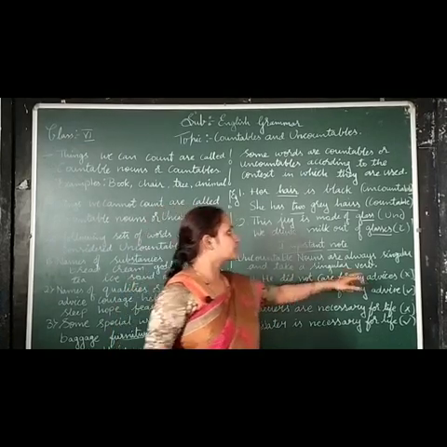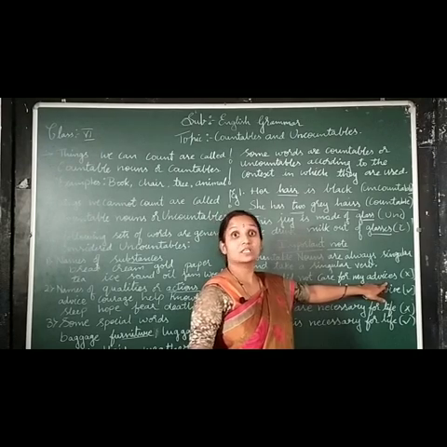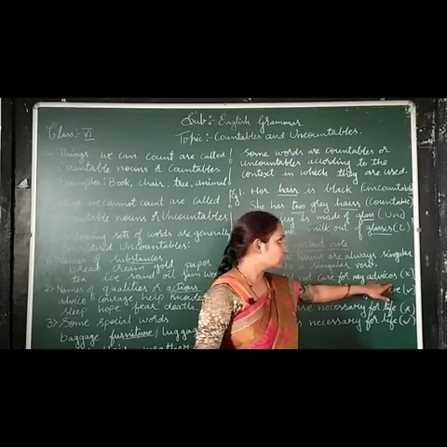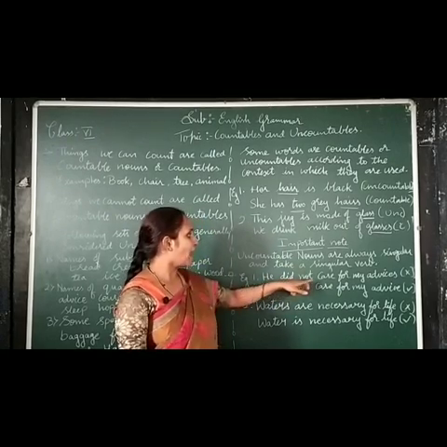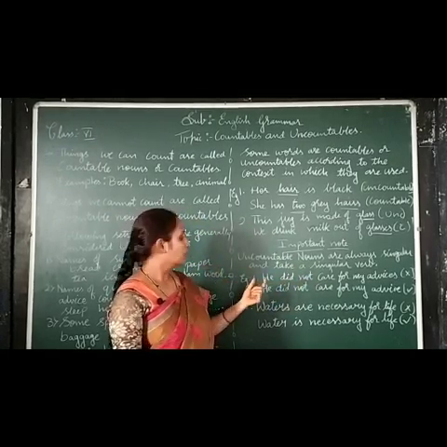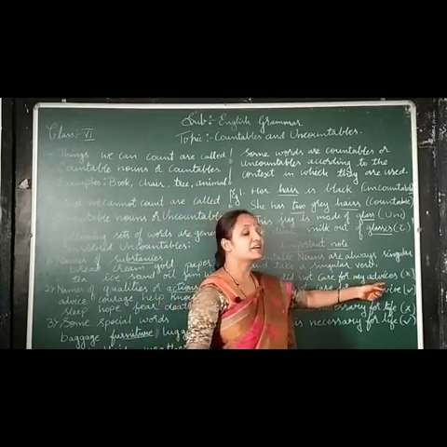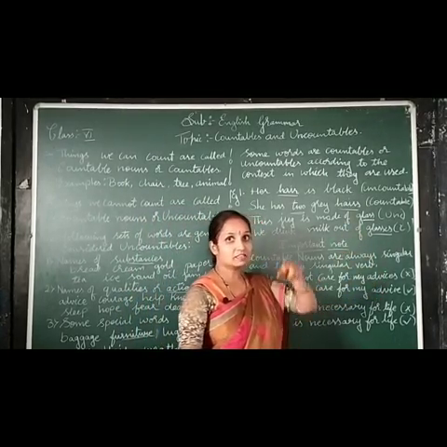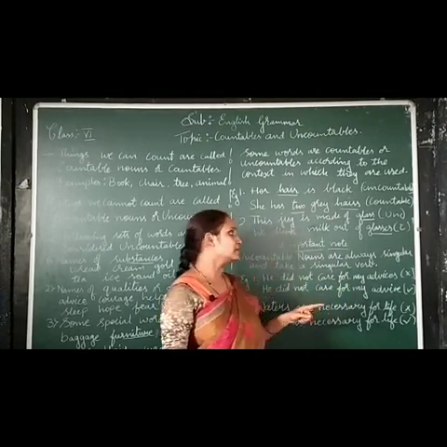Here, for abstract nouns, we should use the singular form. This is a singular word, as well as the verb acts as singular. Here: he did not care for my advices. That is an incorrect sentence. It means a wrong sentence.